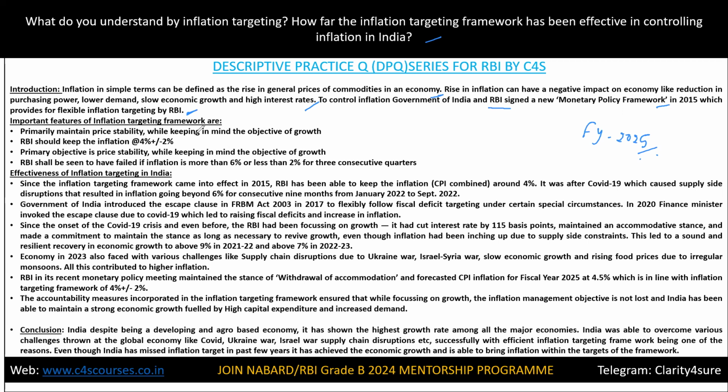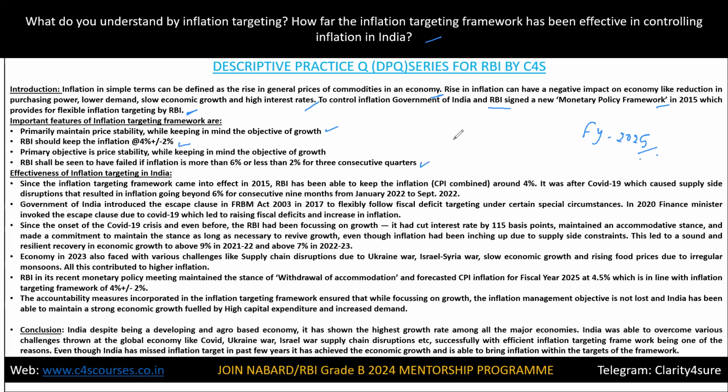Next we'll go to the important features of the inflation targeting framework. First point is to primarily maintain price stability while keeping in mind the objective of growth. The inflation target is 4% plus or minus 2%, and RBI shall be seen to have failed if inflation is more than 6% or less than 2% for 3 consecutive quarters.